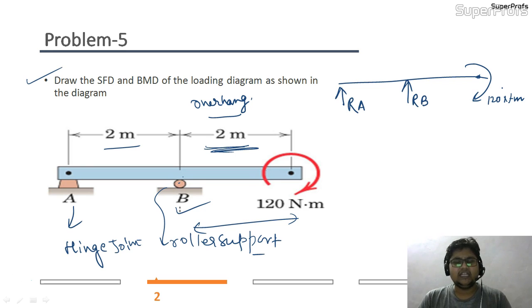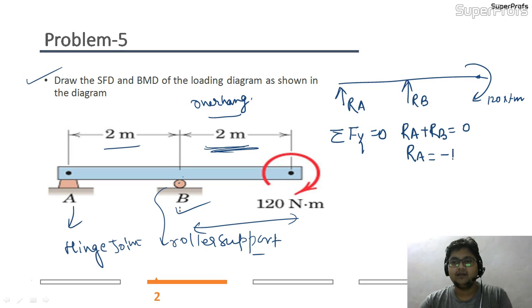I already told you that we have the static equilibrium equations to find the reactions. The first equation is summation of forces in y direction is 0, which gives RA plus RB is equal to 0, or RA is nothing but minus RB.